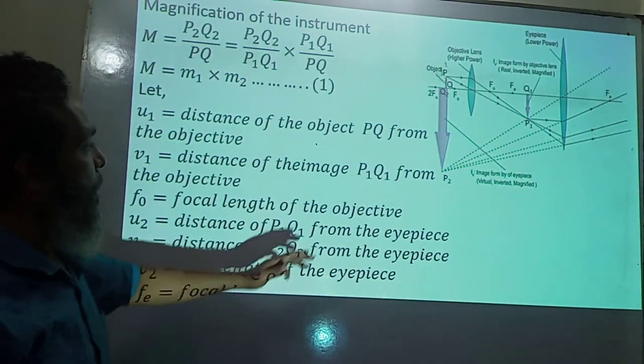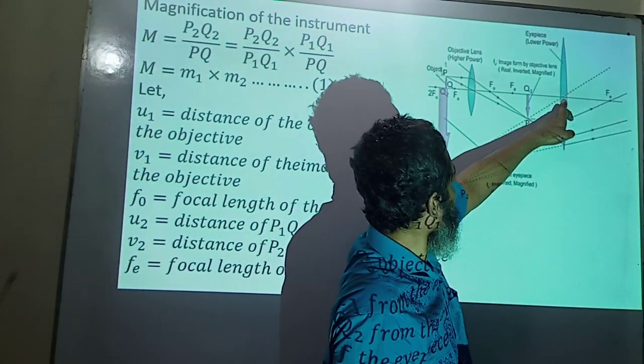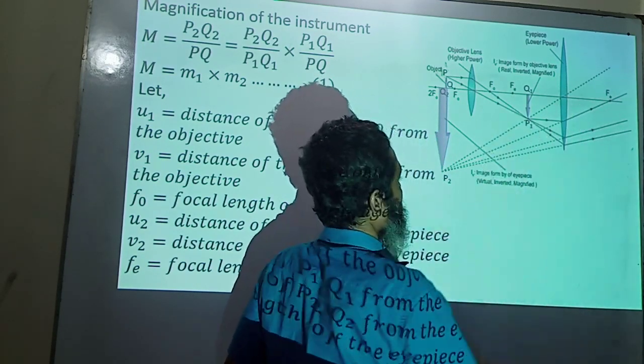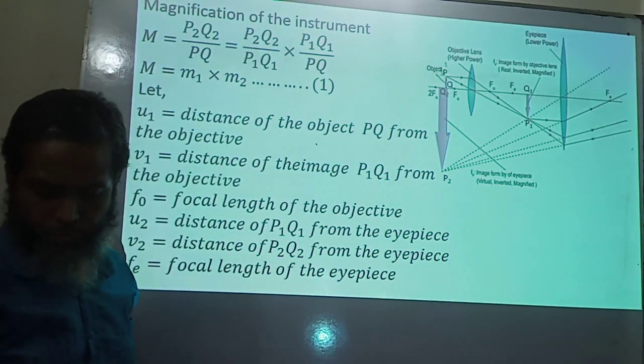Fe is the focal length of the eyepiece, that is this distance.